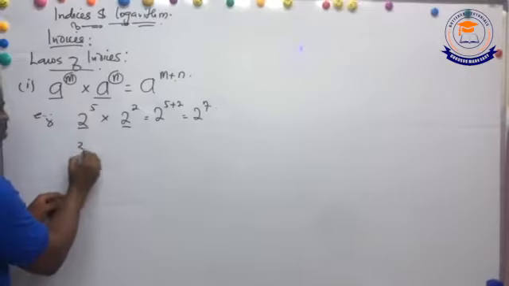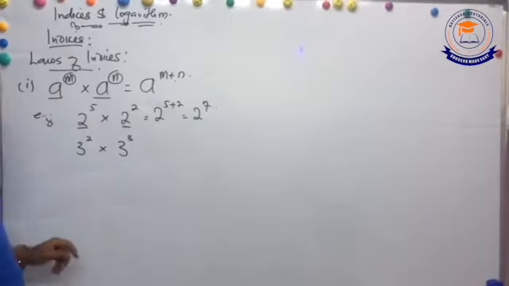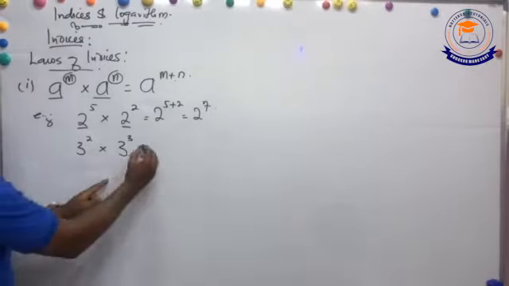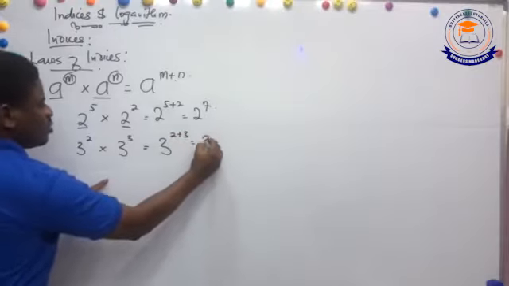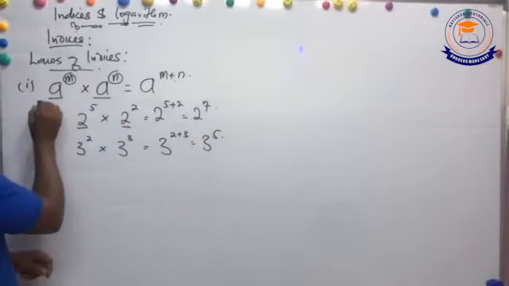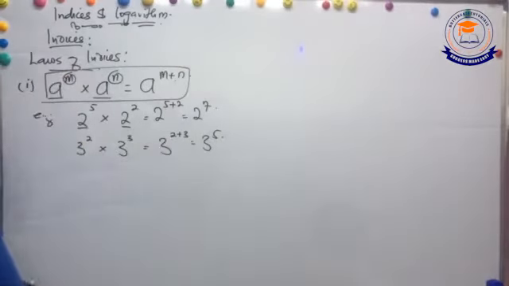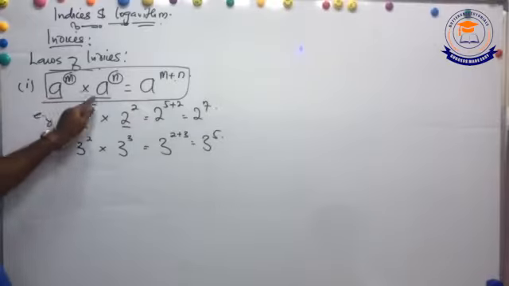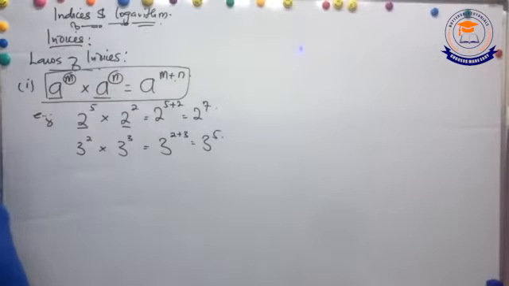Take another example, 3 raised to the power of 2 multiplied by 3 raised to the power of 3. It will be 3 raised to the power of 2 plus 3, which is 3 raised to the power of 5. This is the first law of indices. When the base is the same, the powers are added.